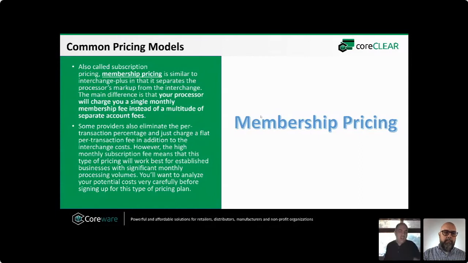There's a newer pricing model that's becoming more popular. I'm personally not a fan of it. It's called membership pricing. You're paying a fixed monthly amount based on your volume, and basically you're paying interchange rates. Personally, I don't see the point of that. If you're doing that, you might as well just pay an Interchange Plus model, because at the end of the day, on the membership, you're going to pay a lot of money, and I don't know what it really gets you.